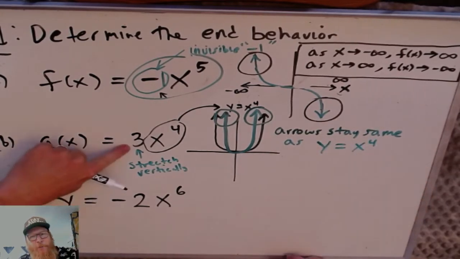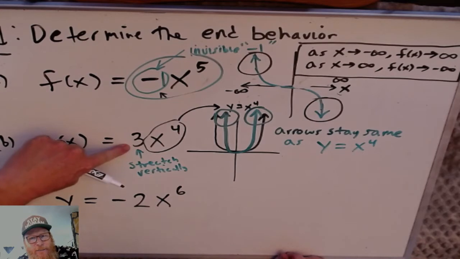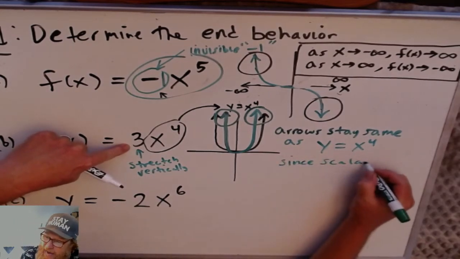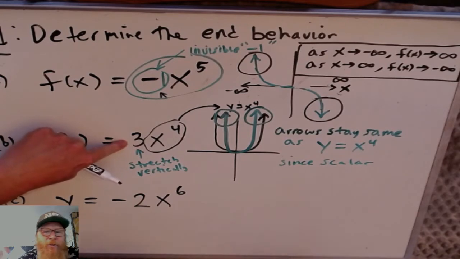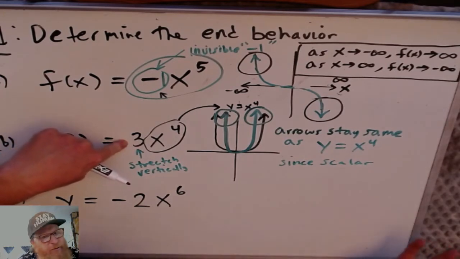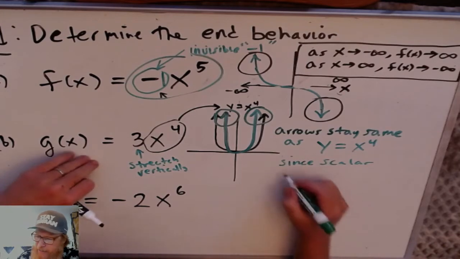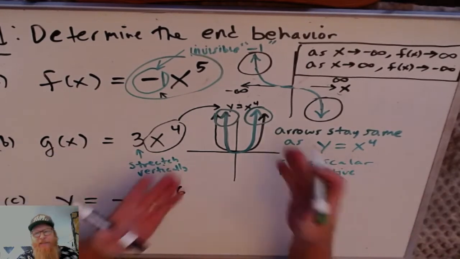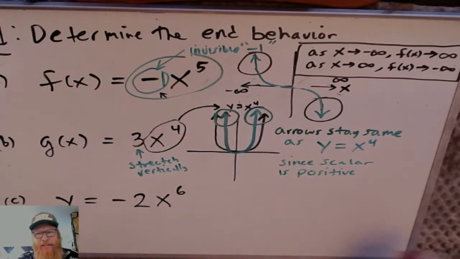So when you're multiplying by a constant that's positive, since the scalar, that's what that's called, the scalar or the constant or the leading coefficient, it's got lots of different names. Since the scalar is positive, the arrows are going to go in exactly the same direction.